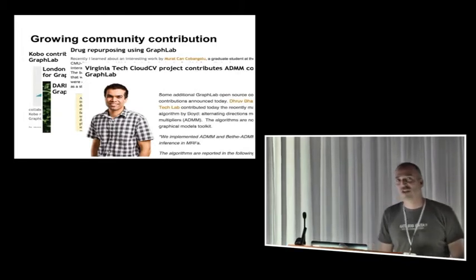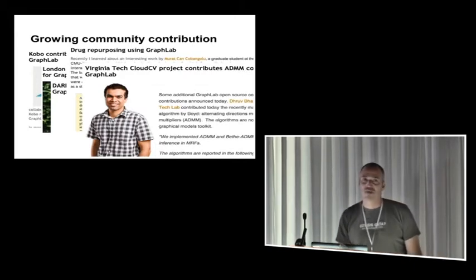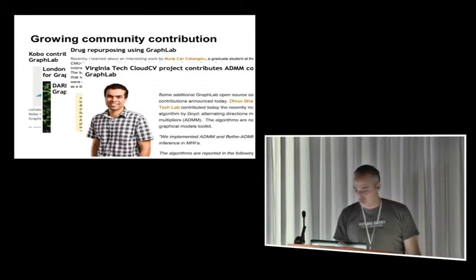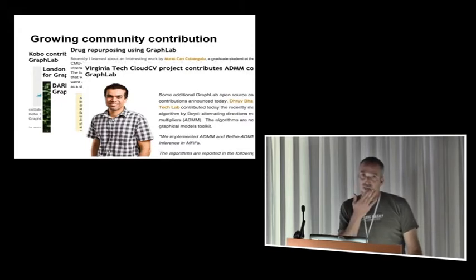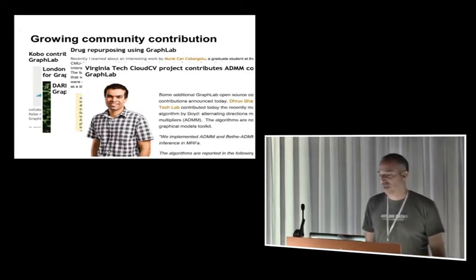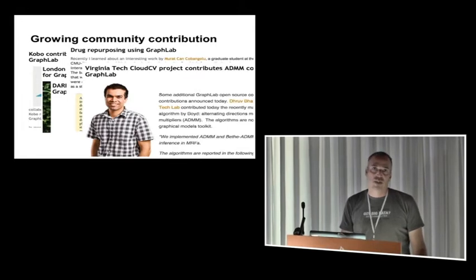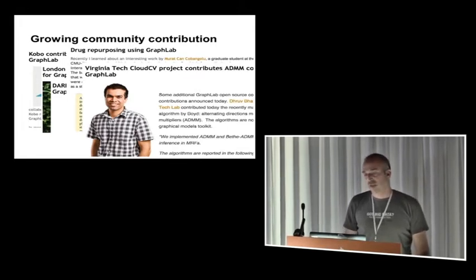We found out they are using GraphLab to compute moves and recommend moves to users, which is a nice application. We have DARPA projects that contributed code to GraphLab for all kinds of applications, also in computational biology, finding new applications for medicines. And we even have a computer vision library, CloudCV, which is implemented on top of GraphLab.